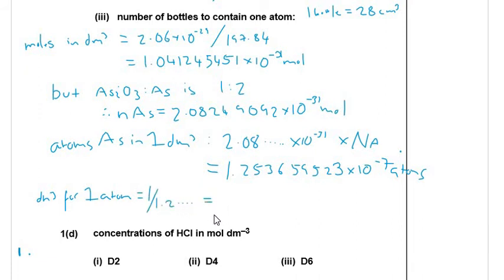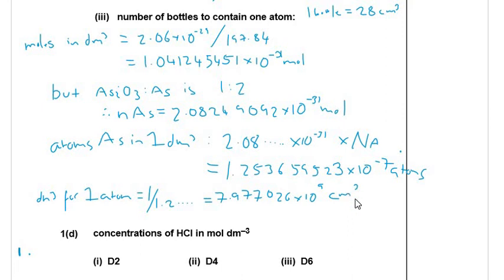And that's going to tell us that we need 7.977026 times 10 to the 6 decimeters cubed. And therefore, that would be equal to 7.977 times 10 to the 9 centimeters cubed.